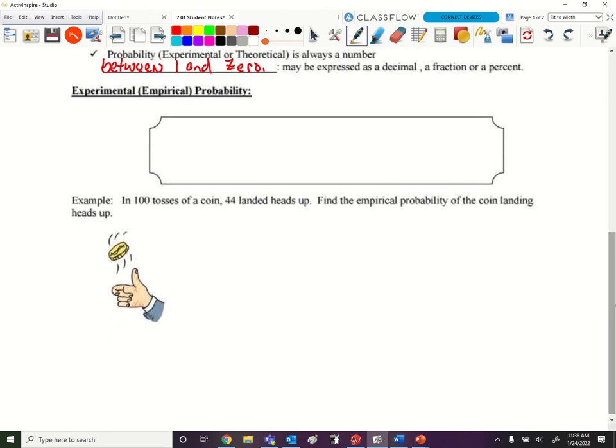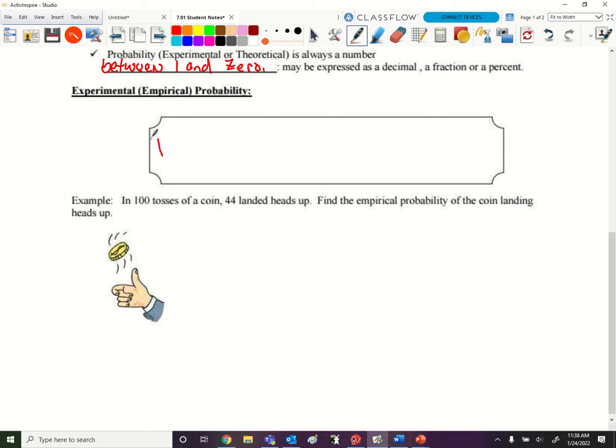Now, here's empirical probability. In 100 tosses of a coin, 44 land heads up. Actually, let's go right here. So for this one, we've got a formula.